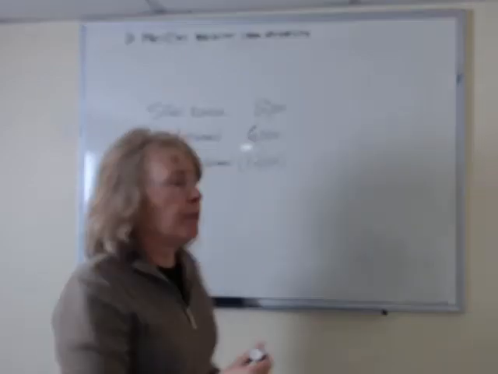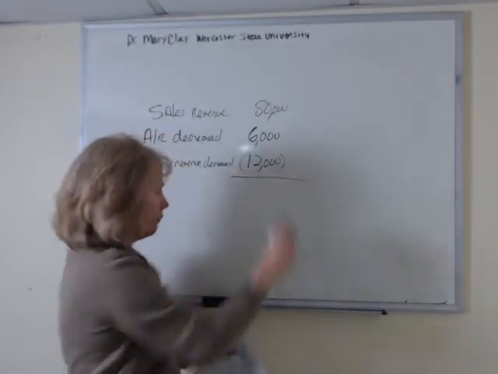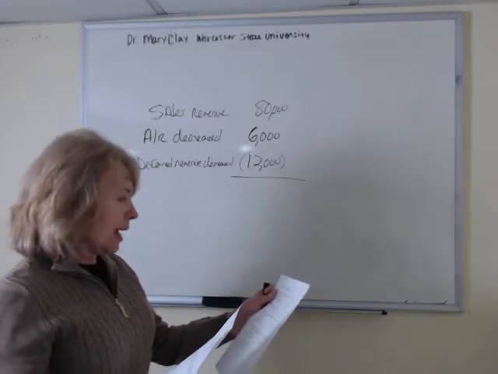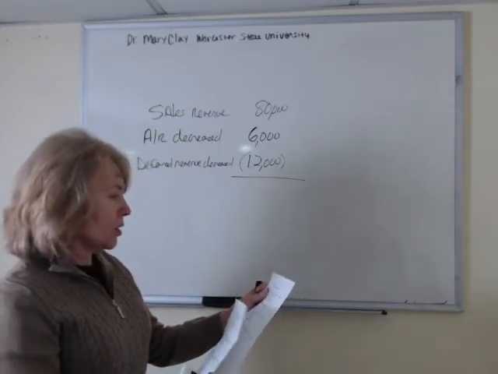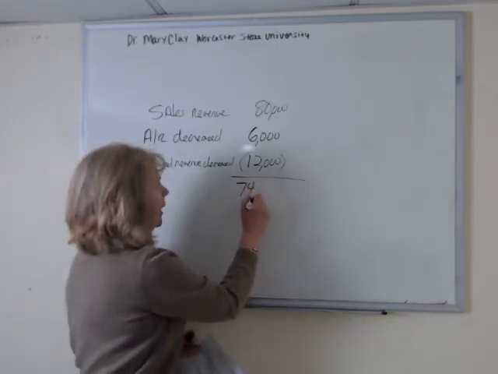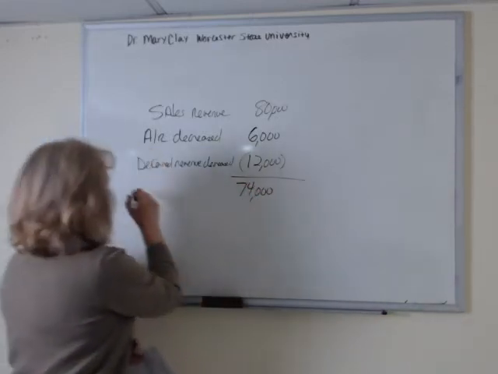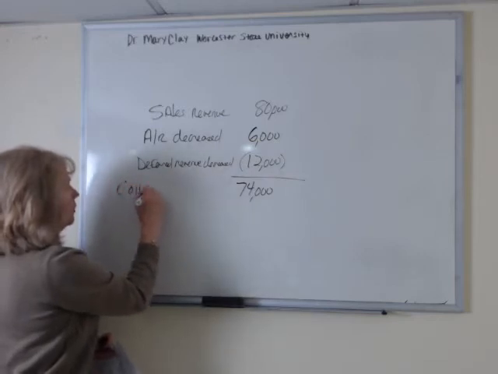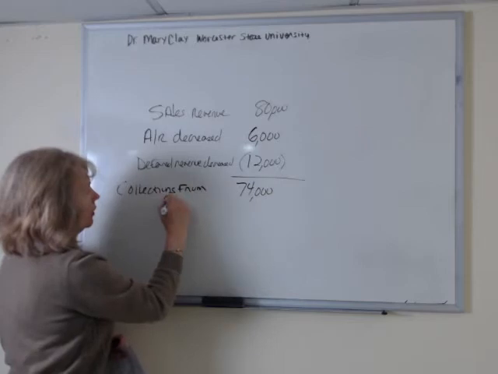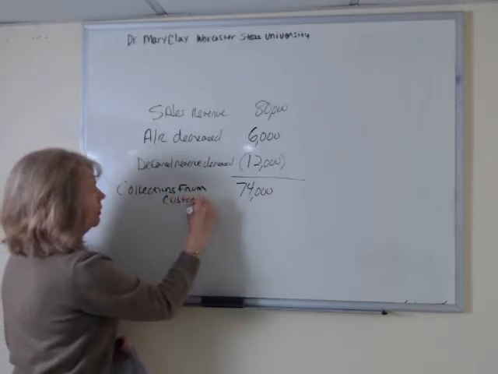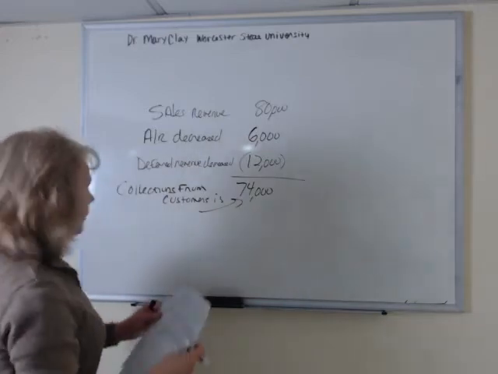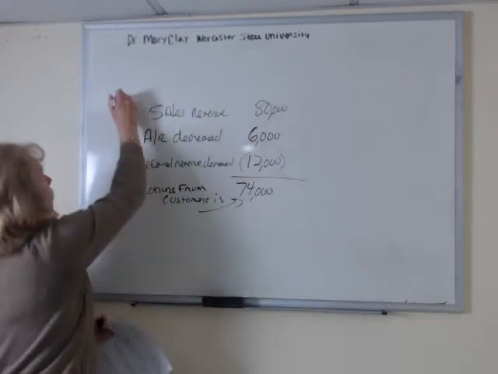Those elements will make sense. So now you figure it out. 80,000 plus 6,000 minus 12,000 will give you 74,000. So your answer for collections from customers is 74,000.